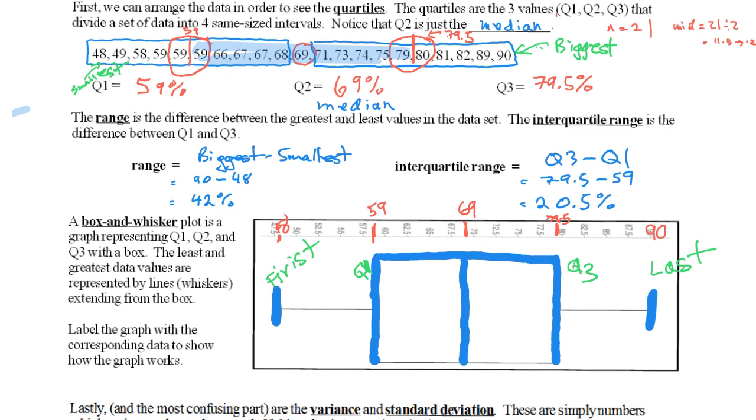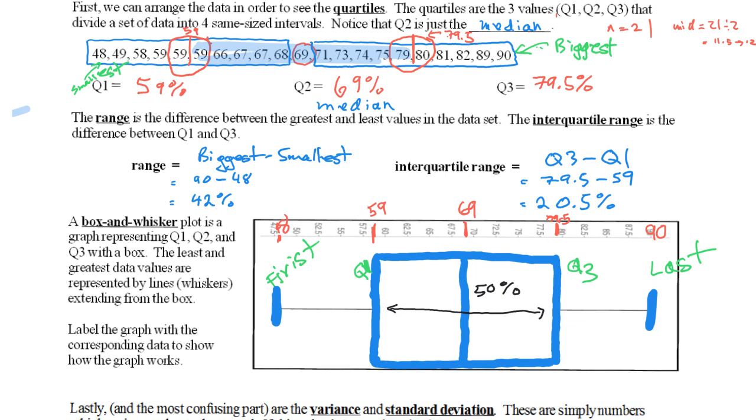Now that box tells us that between this spot and all the way to this spot, that's 50% of all the information from our list. Just like that highlighted blue section that we did. And that's how we draw a box and whisker plot.